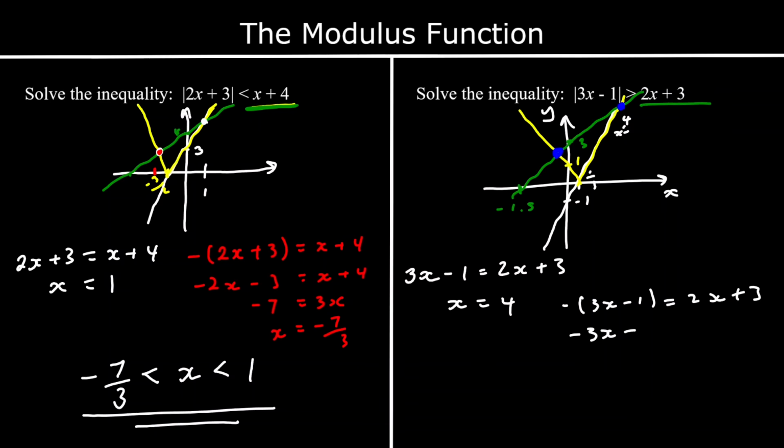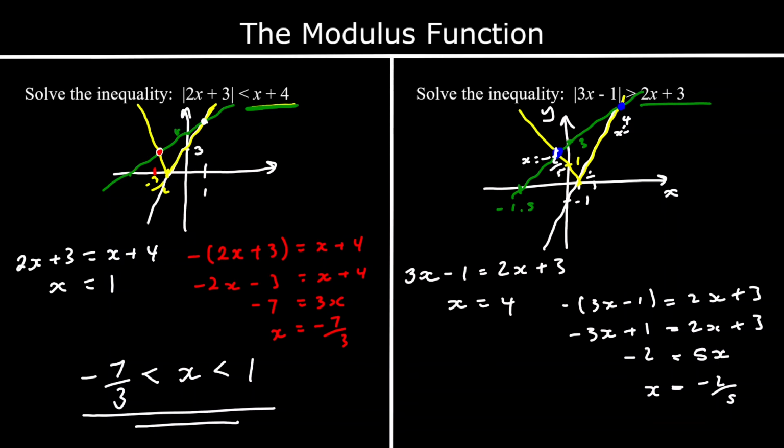That's minus 3x plus 1 equals 2x plus 3. Add 3x, take away 3, x is minus 2/5. So this is x at minus 2/5.